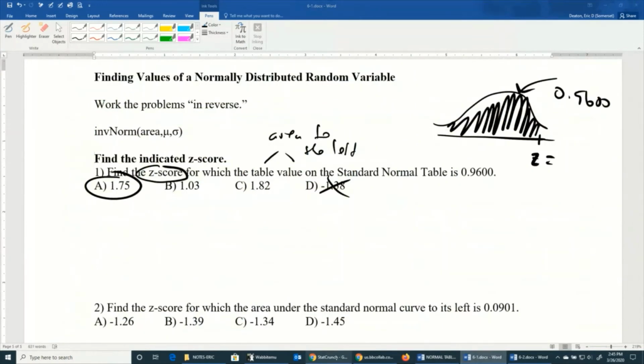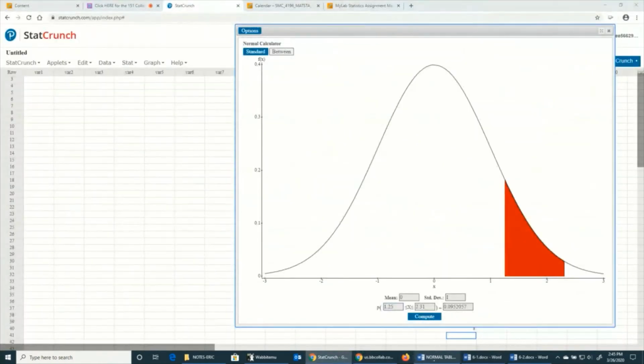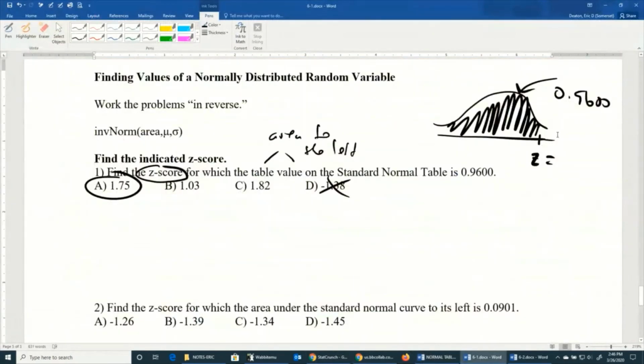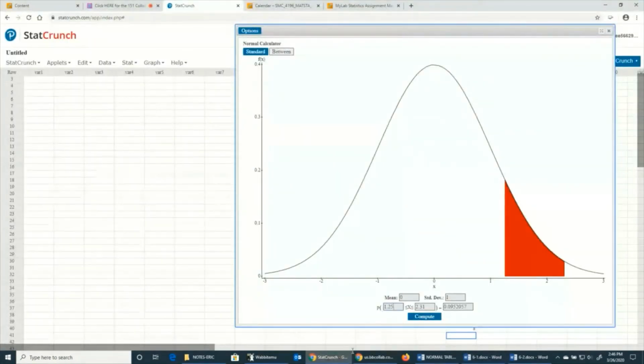You can also do this on StatCrunch. Why not? So here's how you do it on StatCrunch. We're doing 0.96, and this is the area. Area is the same thing as probability. Keep that in mind. So this is telling you that the probability is 0.96. So I'm going to go over here, to the standard.